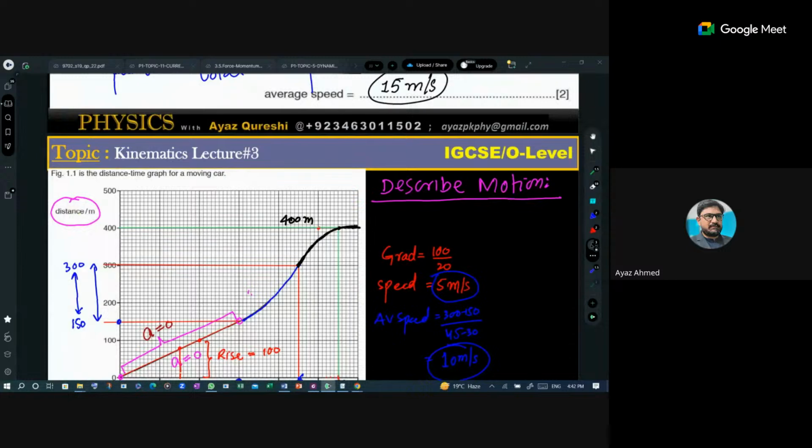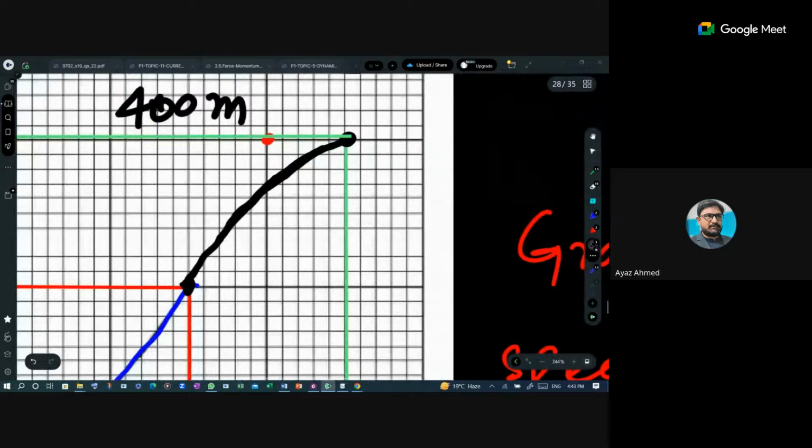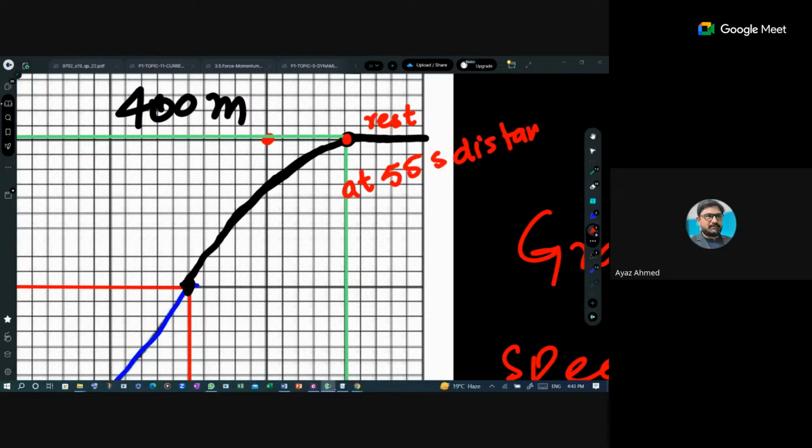Is this clear? Yes, sir. A constant gradient, I am going to zoom it in. This graph shows that the object is at rest, and this shows that at the 55th second, distance is equal to 400 meters.